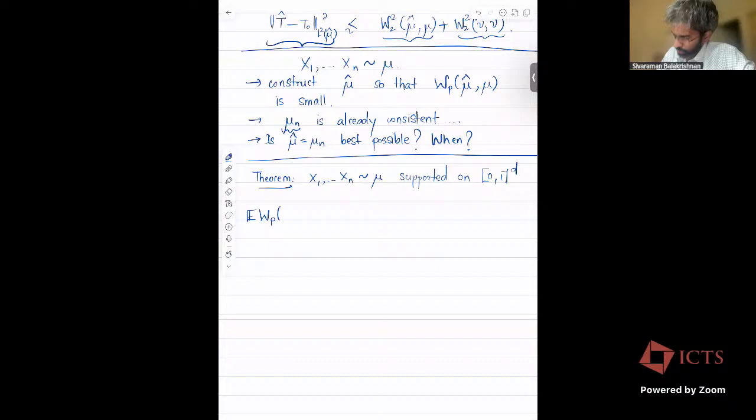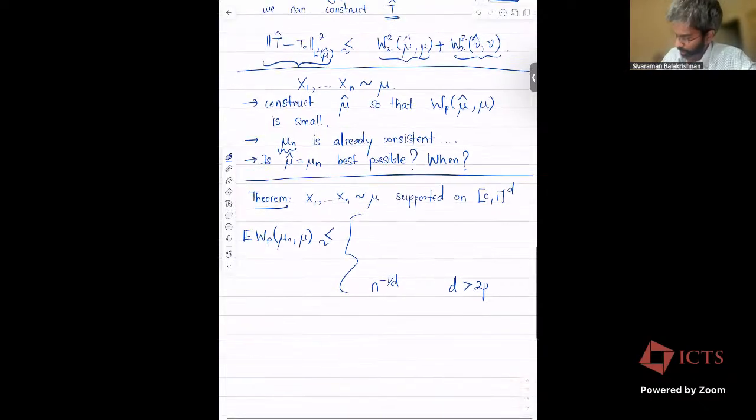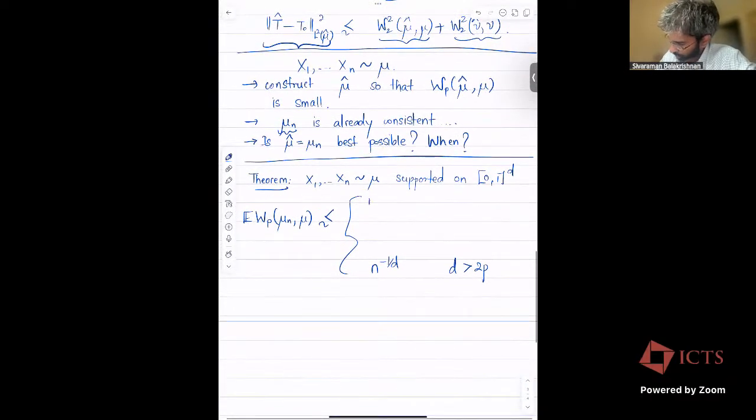The Wp distance between mu_n and mu will be upper bounded by, and there are three sets of rates. In the high dimensional case, when d is bigger than 2p, it looks like n to the minus 1 over d. The rate when the dimension is small, when d is less than 2p, looks like n to the minus 1 over 2p.